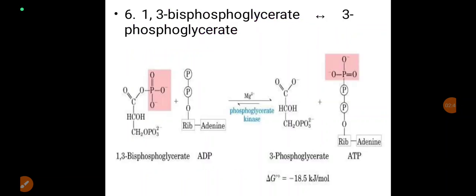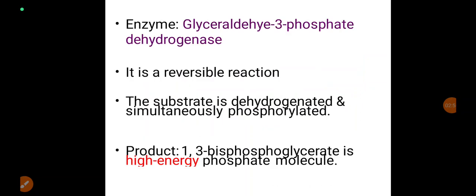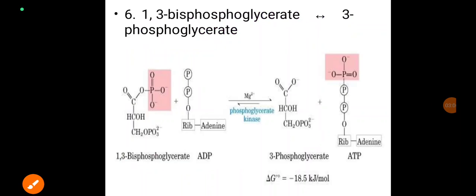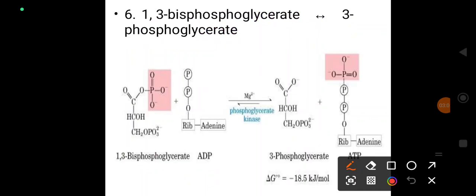And the sixth step is 1,3 bisphosphoglycerate becoming 3 phosphoglycerate. So, this is 1,3 bisphosphoglycerate, which becomes 3 phosphoglycerate, which means 1 ADP gets phosphorylated to generate 1 ATP.